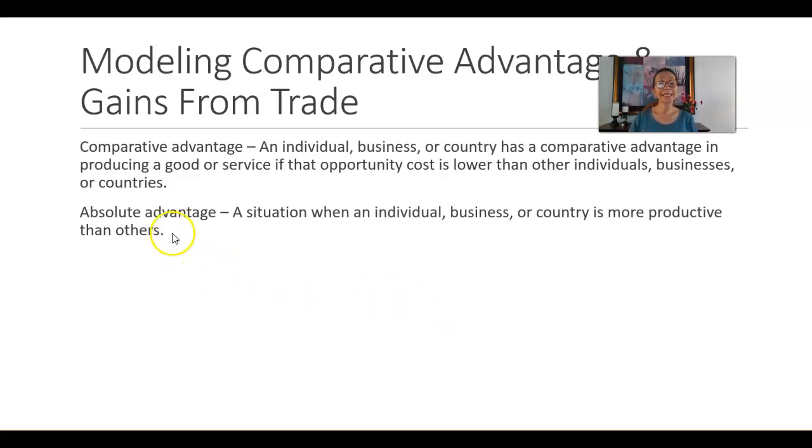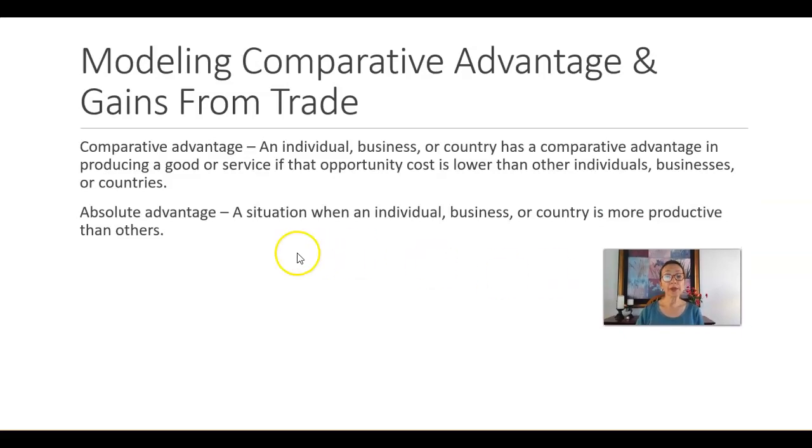We also have something called an absolute advantage, and an absolute advantage is where an individual, business, or country is more productive in the production of goods and services than any other individual, business, or country. So it's easy to think about comparative advantage as the lowest opportunity cost.